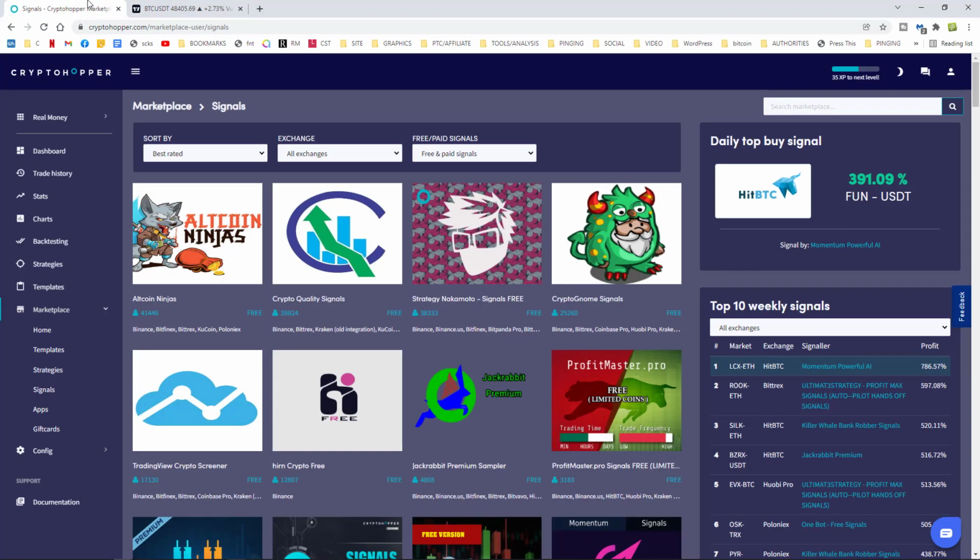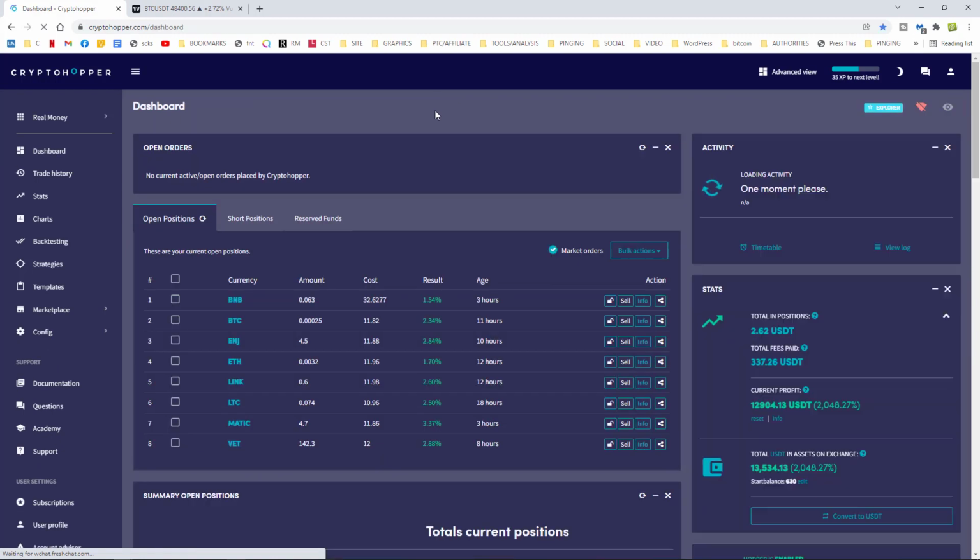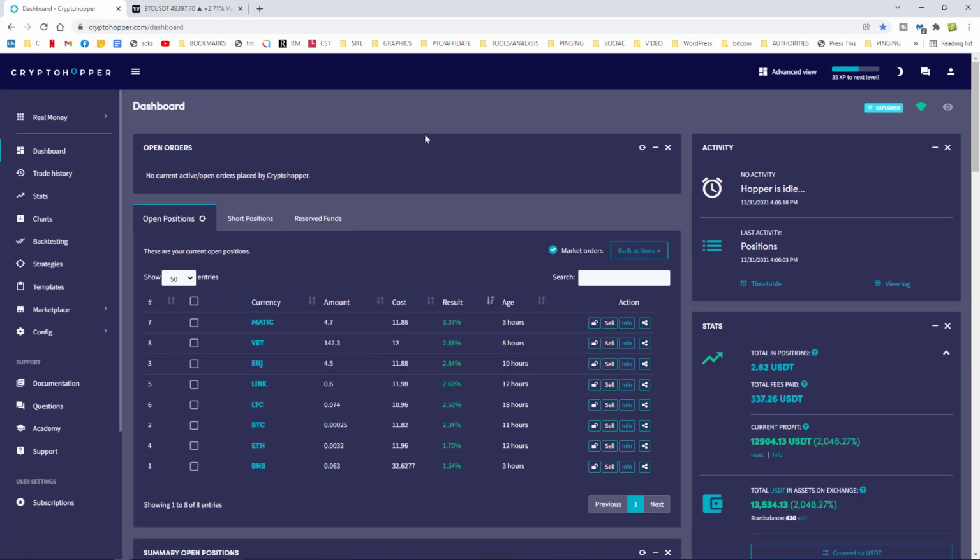So how many ways is that to buy crypto with Cryptohopper? Manually, with strategies, with signals in the marketplace, or with TradingView. 4 different ways. And I'll show it all to you in the secret sauce, guys.